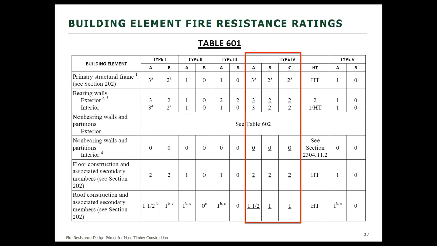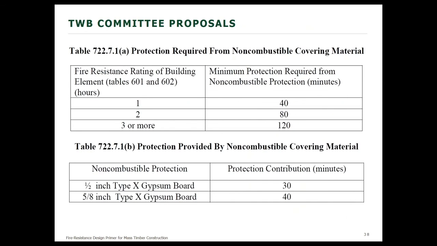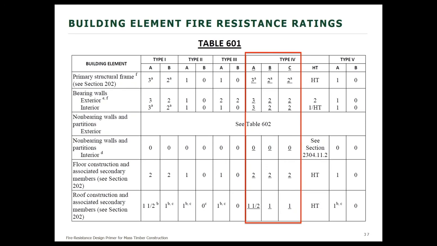Here's actually the table. You'll notice over in the HT column, that's where the do-no-harm took place. And you'll notice that there's no rating called for other than in the exterior wall, very few. Over here, every cell is filled with a fire resistive rating requirement, other than, of course, interior partitions, which are the 0.